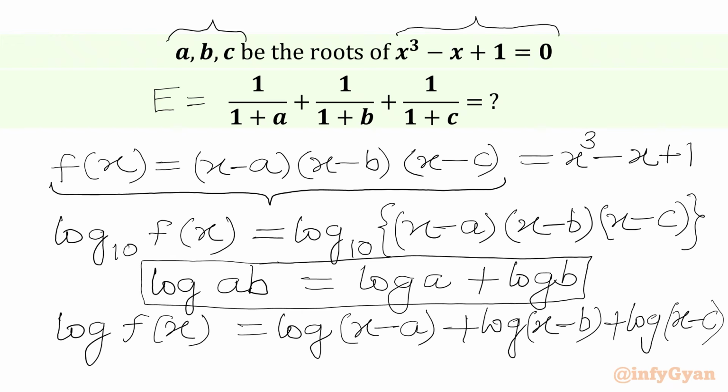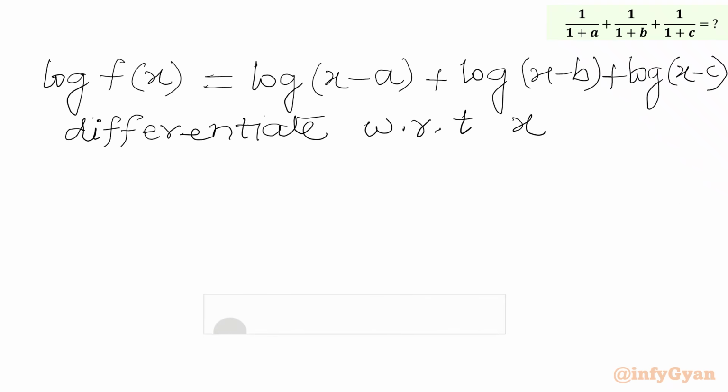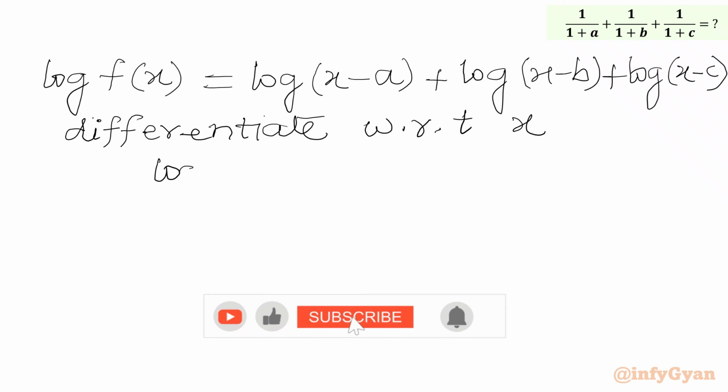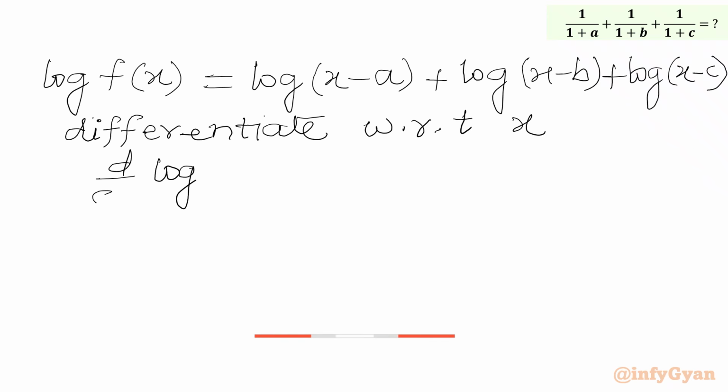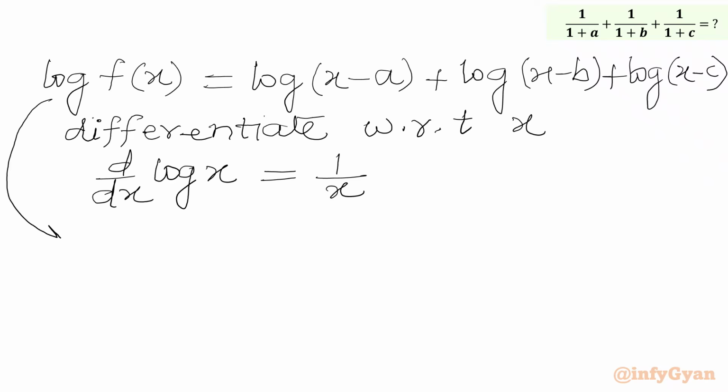Now we will differentiate both sides with respect to x. Now we know that derivative of log x, if I will write here d by dx of log x, then this is equal to 1 over x. So we will get in the left hand side derivative of log f(x).